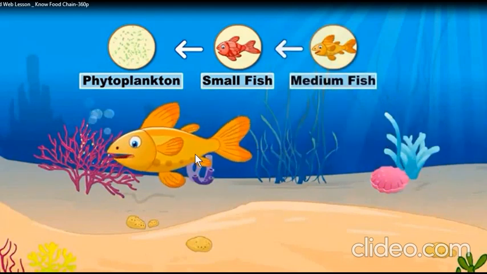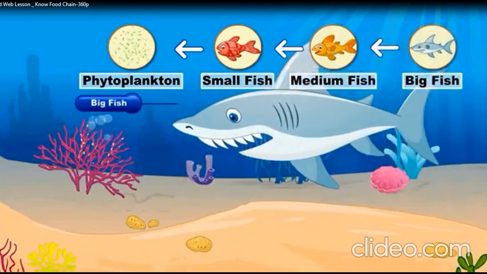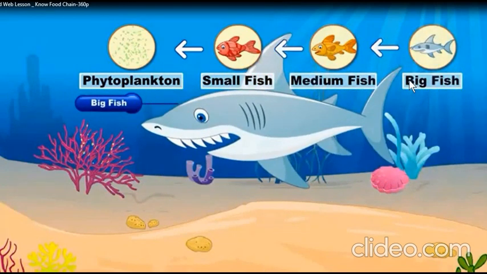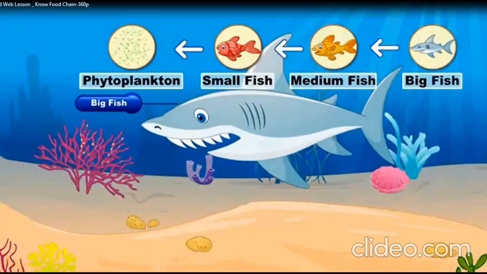This medium-sized fish is further eaten by sharks, right? So that makes a longer food chain of an aquatic habitat. Now you understand what is food chain? Food chain is a relationship which shows the dependency of different biotic components, right?